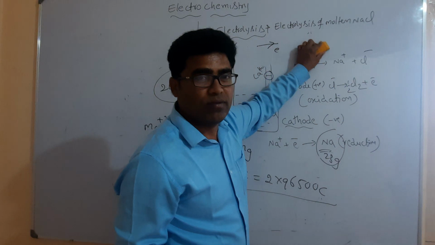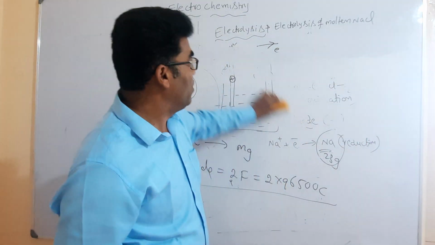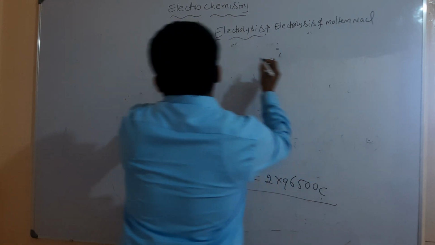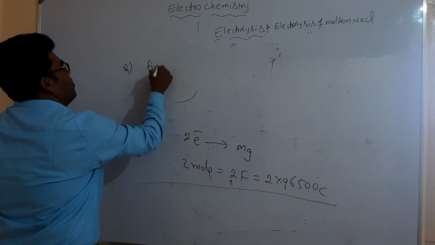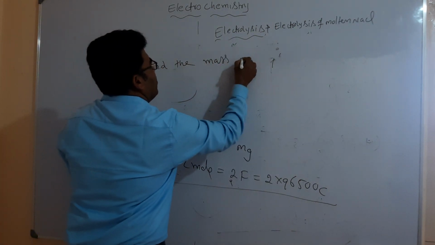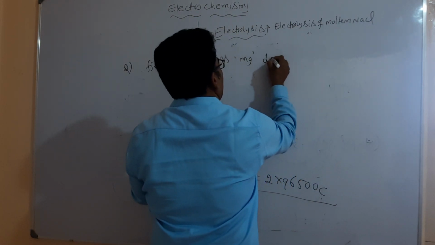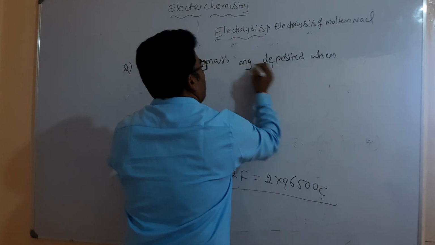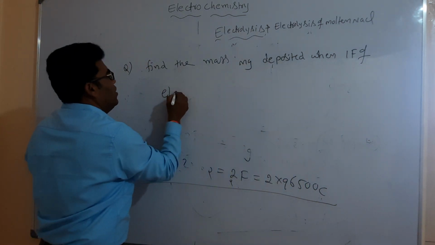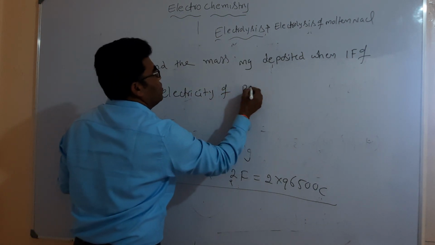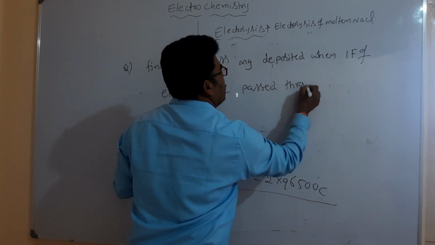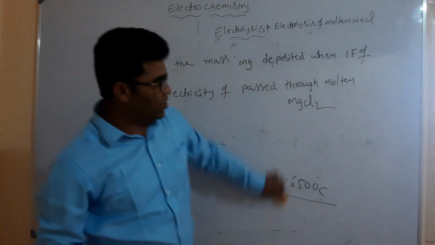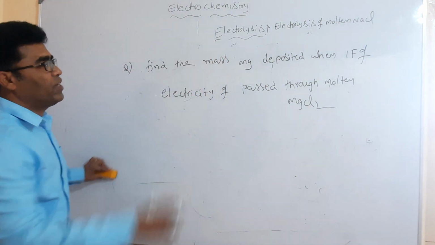Find the mass of magnesium deposited when 1 Faraday of electricity is passed through molten MgCl2.